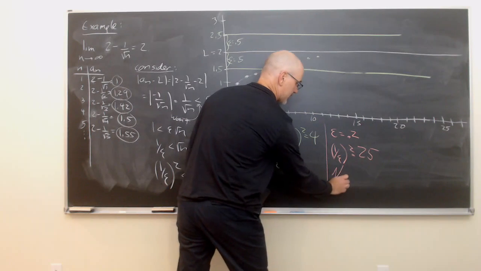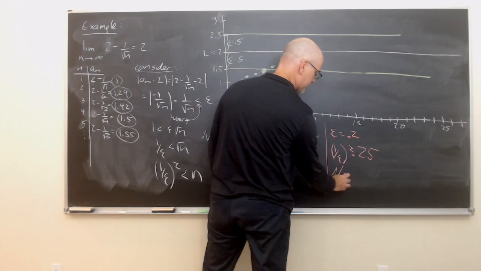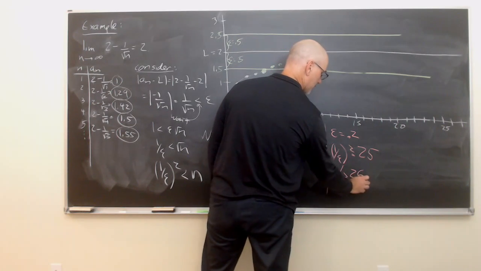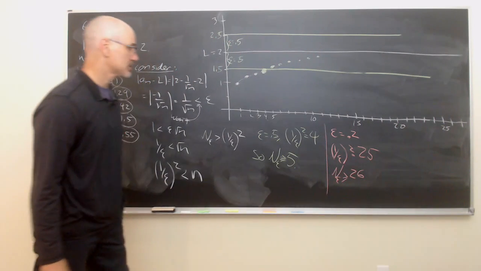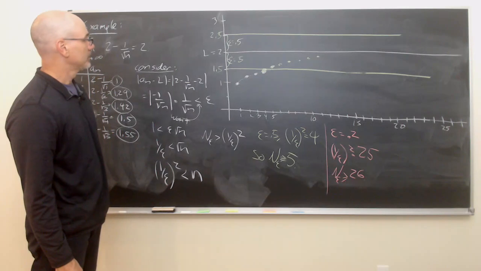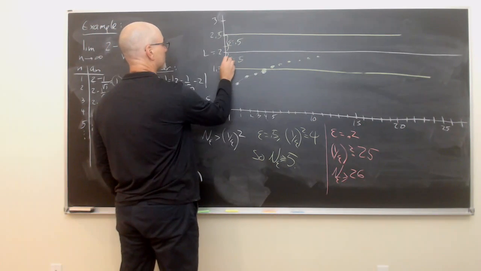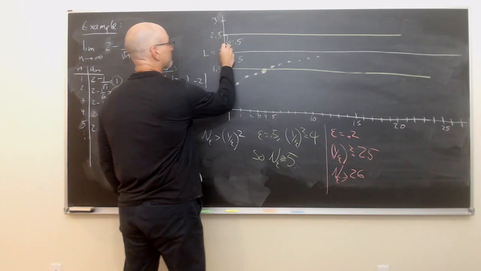So what this is saying is that our n needs to be bigger than or equal to 26. All right, so here's an epsilon band of 0.2 roughly.